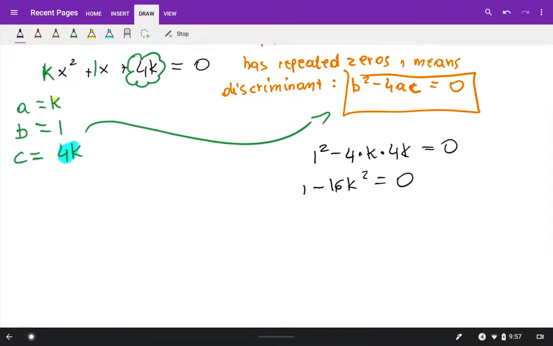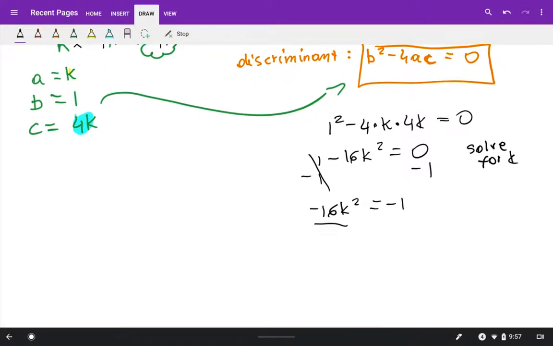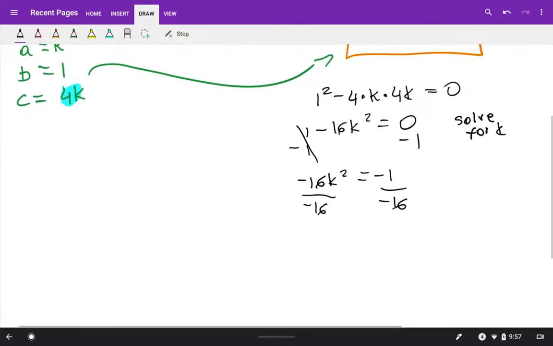So now I'm going to solve for k. Let me subtract 1 from both sides, and we end up with negative 16k squared equals negative 1. Divide each side by negative 16, and we end up with k squared equals 1 over 16.